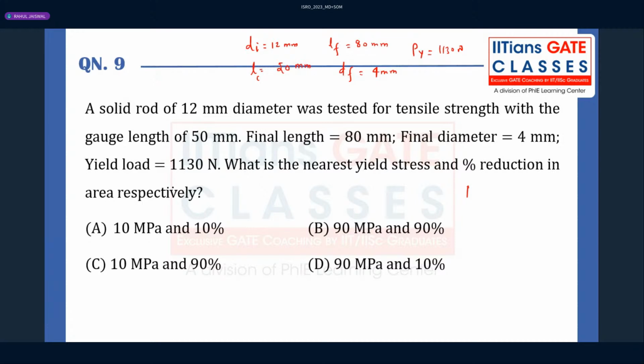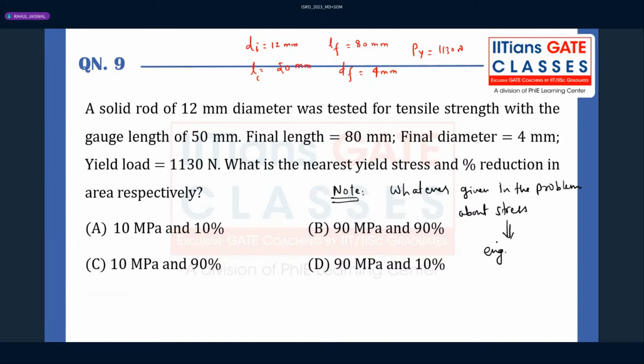Remember this fundamental rule which I'm telling you now. Even this will help you in production also. Whatever is given in the problem about stress, that stress will always be engineering stress.